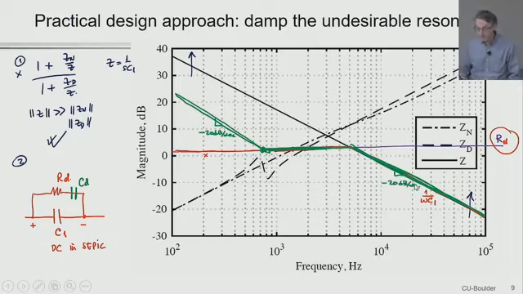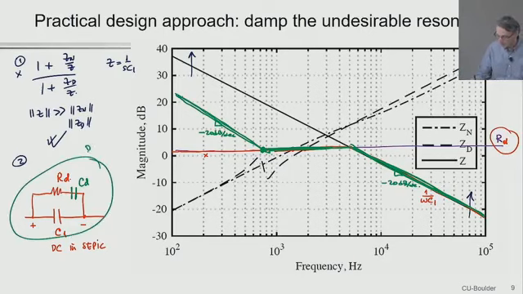This is minus 20 dB per decade. And this here is the impedance of that damping network that we have added to produce these desirable effects. So you see now we have approximately 90 degrees type interaction.